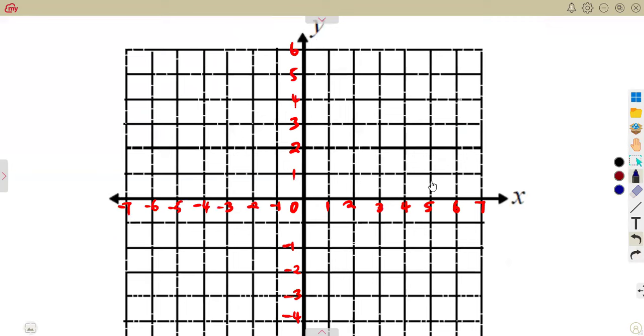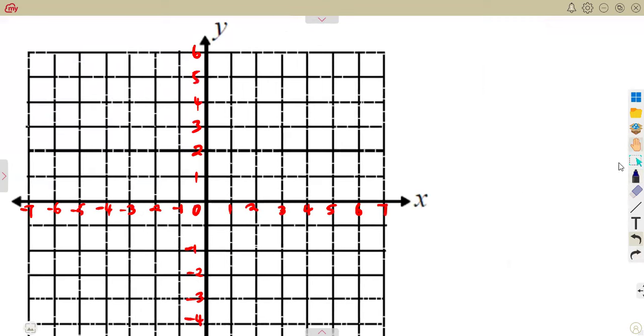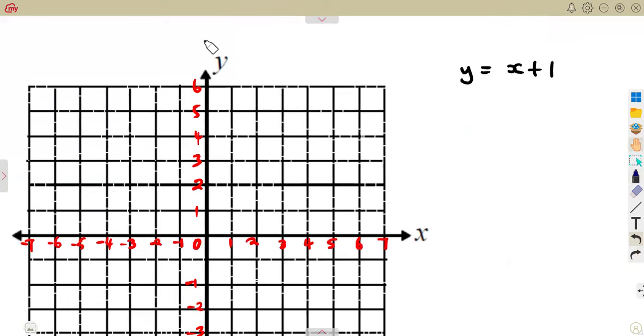All right. With this equation y is equal to x plus 1, the dual intercept is giving us a straightforward application. So you just ask yourself, when x is equal to 0, where am I? In the y-axis.